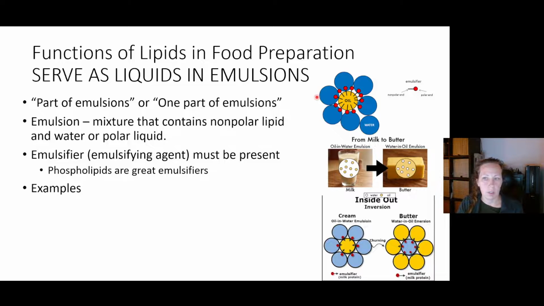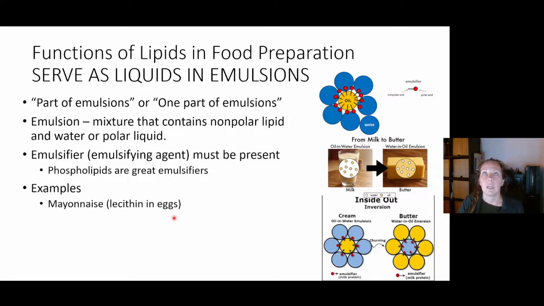So some examples of emulsions. Mayonnaise is an emulsion. And so we've mixed oil and water there. And the emulsifier, all of the things in parentheses are going to be our emulsifiers in these emulsions, is the lecithin, which is a phospholipid, that is found in eggs. Okay, so in homemade mayonnaise, you add an egg and your oil and your water and blend it all together, and then it becomes a mixture because of that lecithin in the eggs.